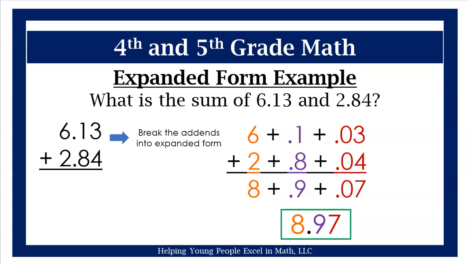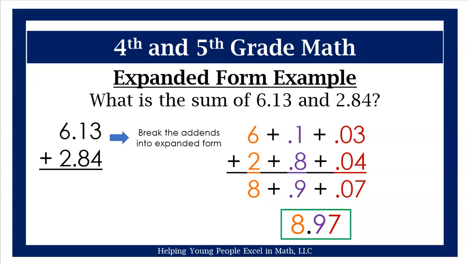We have, for our ones place, 6 plus 2. Going to the tenths place, we have 0.1 and 0.8. And in the hundredths place, we have 0.03 plus 0.04. Let's start at our hundredths place first. When adding, we always start at the furthest right-hand column, just in case we need to carry, if we have a number that's more than 9, like 10, or if we need to borrow with subtraction.